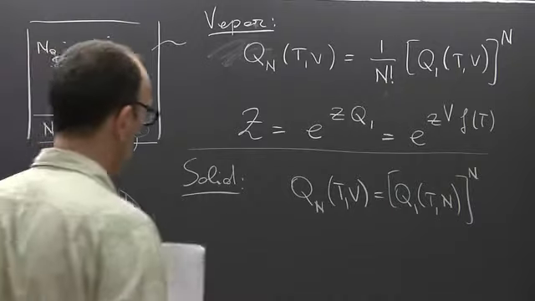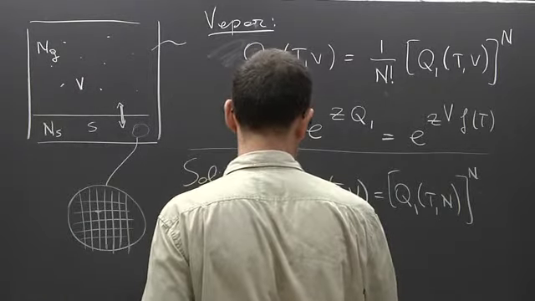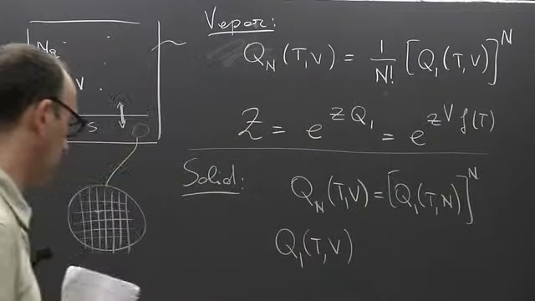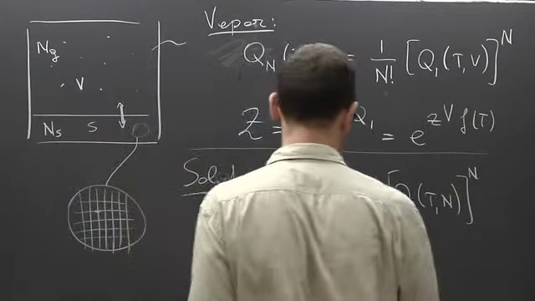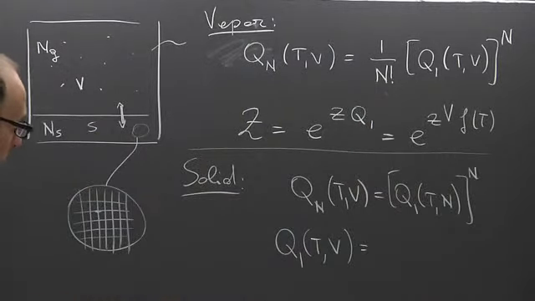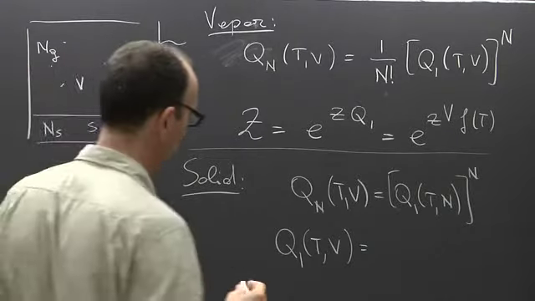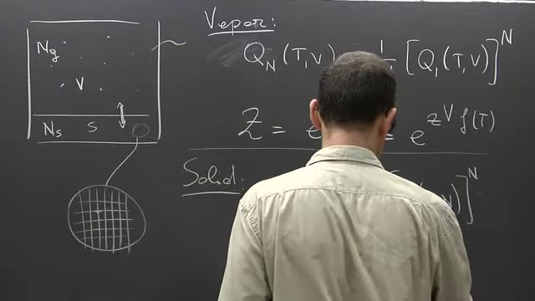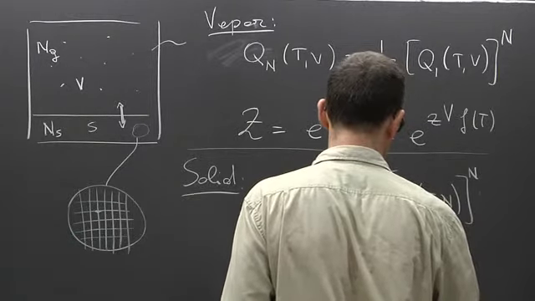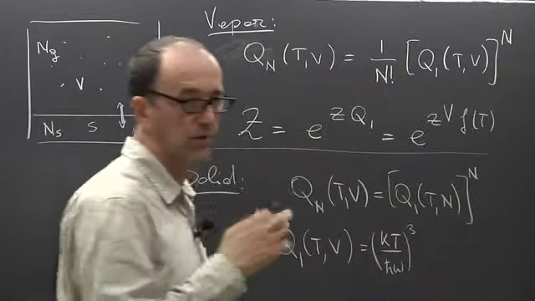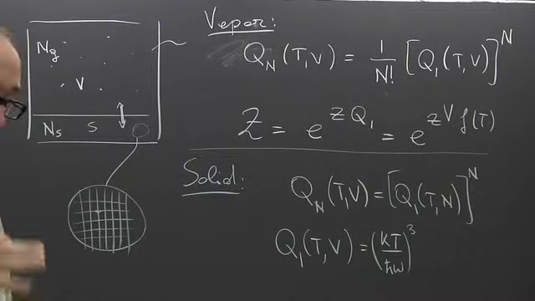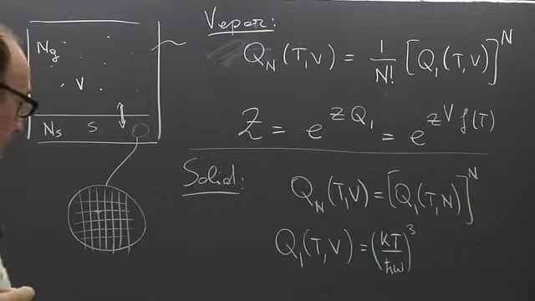We have seen that the canonical partition function for one of these harmonic oscillators is very easy to compute and is kT over h bar omega, to the cube, because now I assume that each atom can have three modes of oscillation.